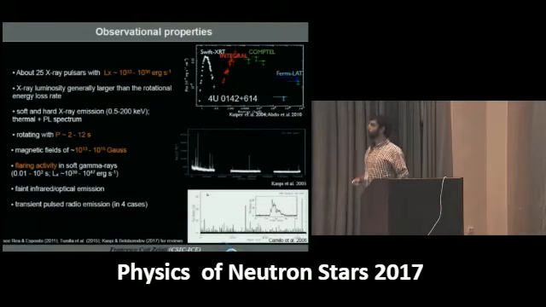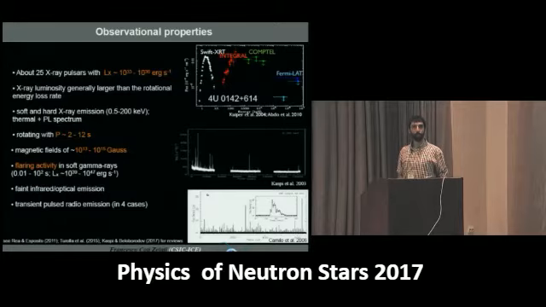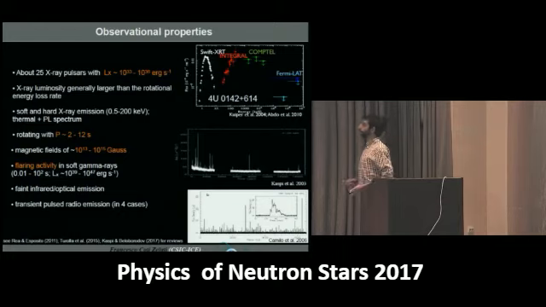They all rotate with periods between 2 and 12 seconds, and the dipolar component of the external magnetic field is estimated, from the rotational properties and in particular the spin-down rates of these objects, to be of the order of 10^13 to 10^15 Gauss, which actually makes these objects the most magnetic sources in the universe.